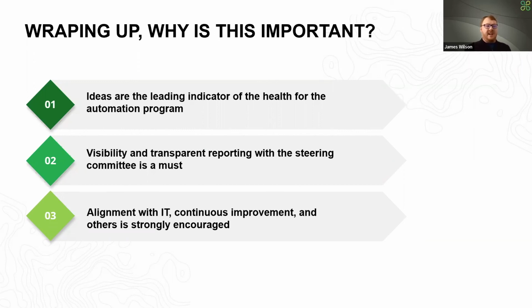To put on an executive hat, that would be the metric that would help me gauge future funding of the program. If the pipeline starts drying up, that would cause a red flag, and I'd ask, why am I continuing to invest in this? So ensuring that you have a healthy pipeline is critical to the future health.